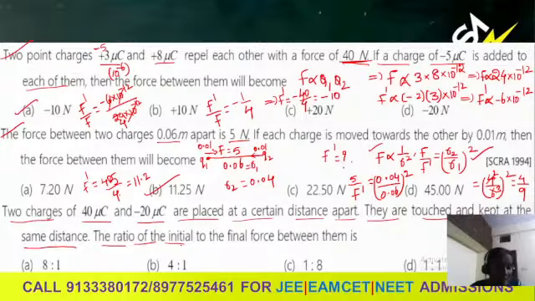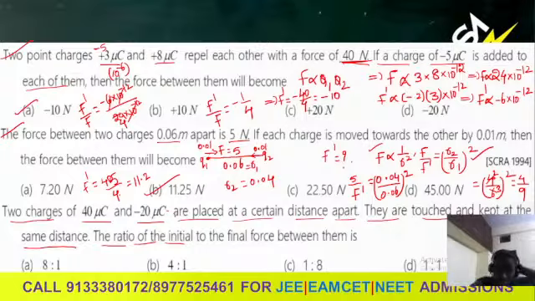Like that, two charged bodies in contact. Whenever we keep differently charged bodies in contact, they will share the total charge with each other. The total charge will be shared by each body equally.